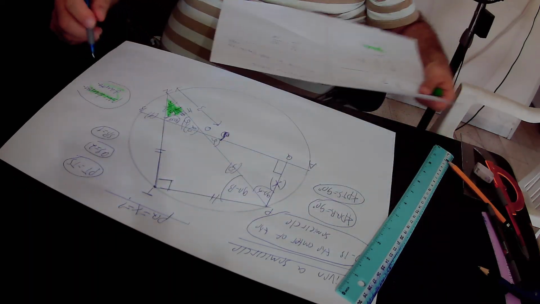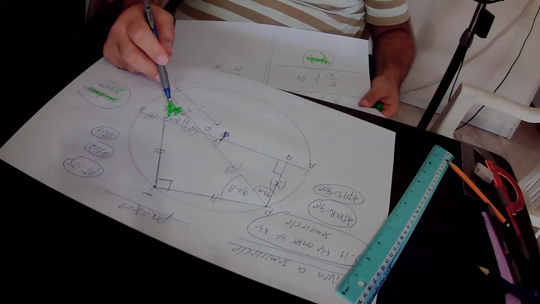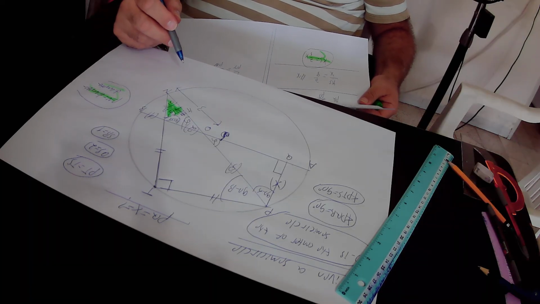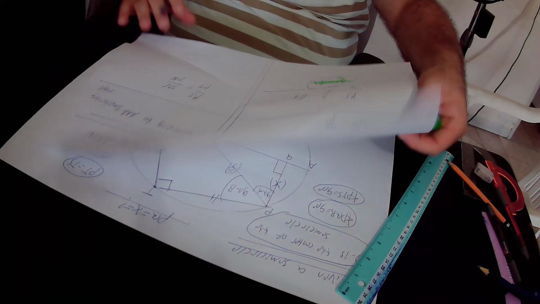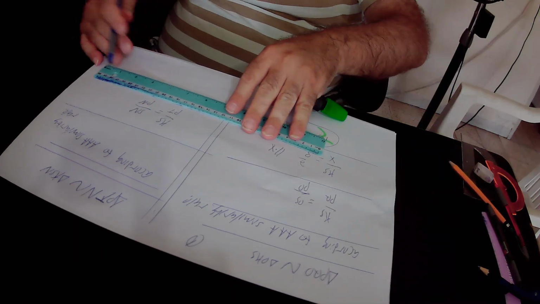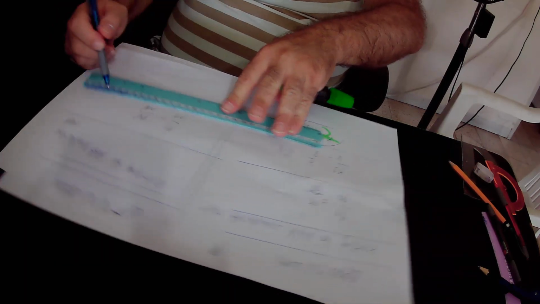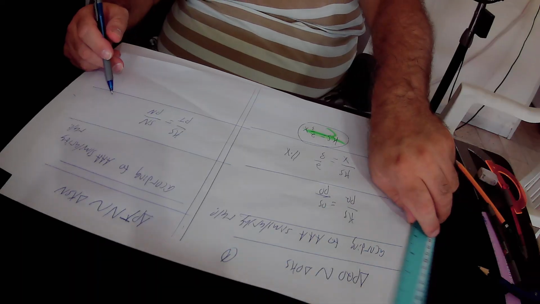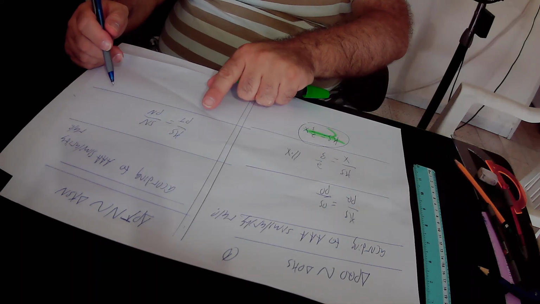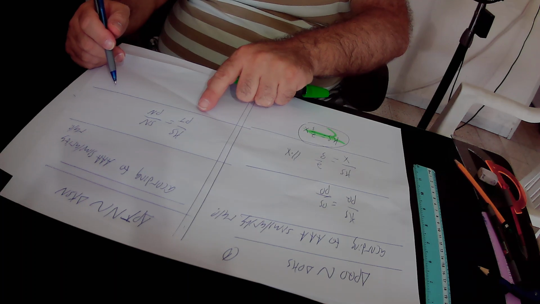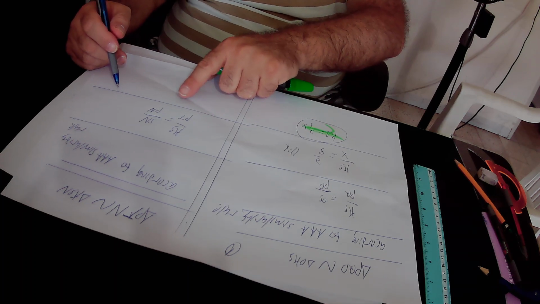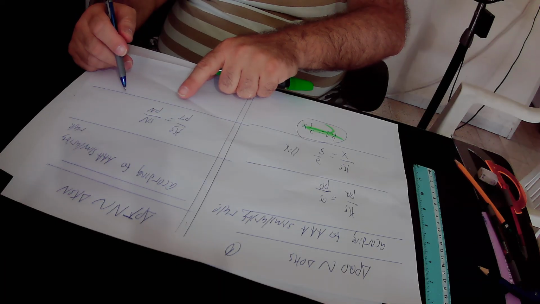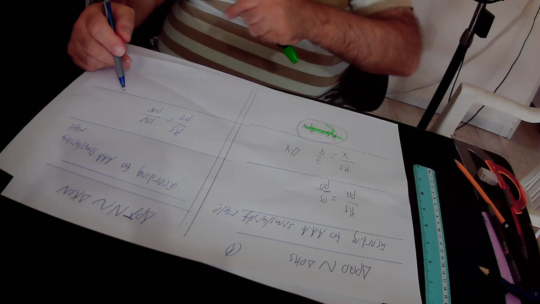Again, from the fact that the big right triangle PTN is similar to the small right triangle KSN, we will derive that the following relationship exists between their sides. We will derive that side KS of the small right triangle KSN over side PT of the big right triangle PTN is equal to side SN of the small right triangle KSN over side PN of the big right triangle PTN.